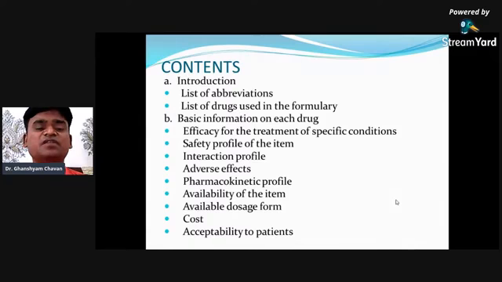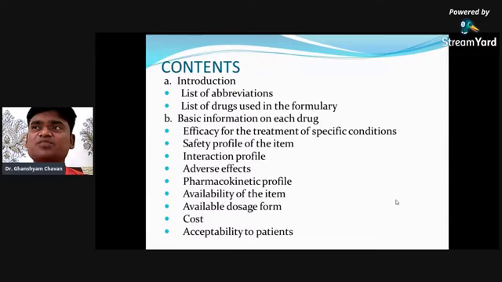To identify the safety profile, we must know the drug's contraindications. Drugs like digoxin have a number of contraindications. For example, we cannot use that drug in case of hyperthyroidism, renal failure, arrhythmia, Parkinson's disease, liver disease, also liver fibrosis. So we cannot use those drugs; these drugs are contraindicated.